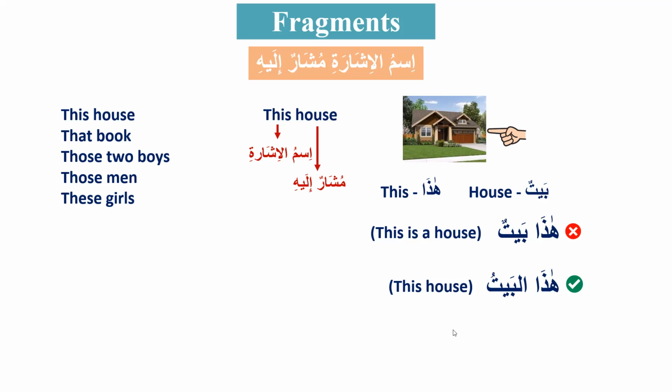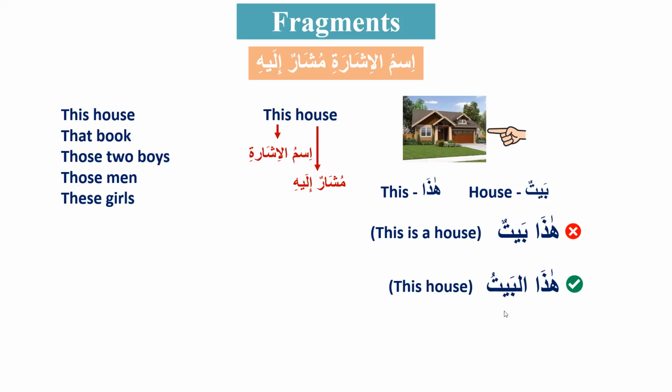Okay. The last thing before I conclude today's lesson is that for haza to be called ismul ishara and al-baytu to be called musharun ilay, they both have to match in all the 4 properties of the ism. Haza is an ism, al-baytu is an ism as well.